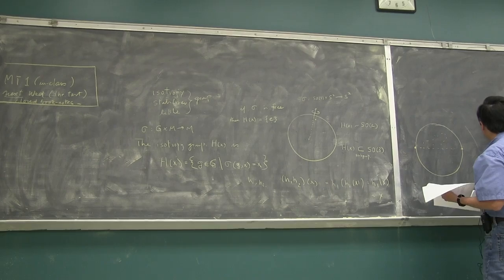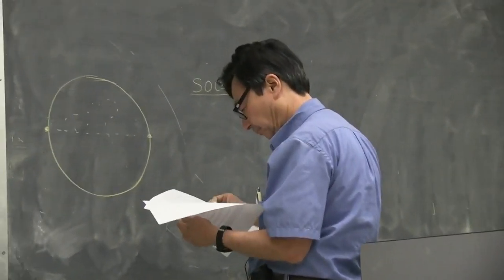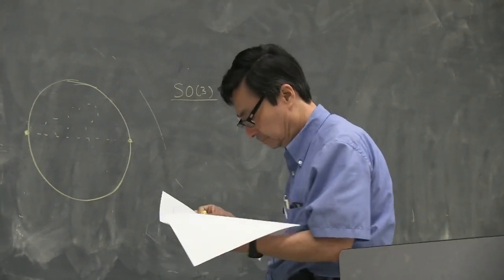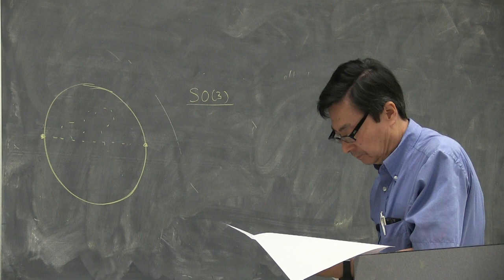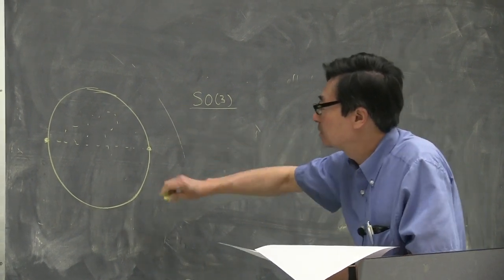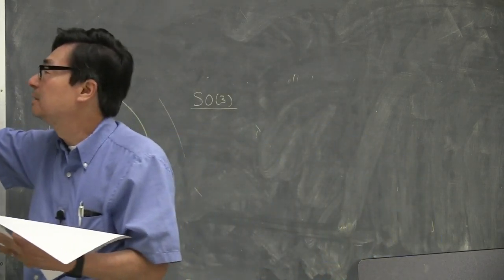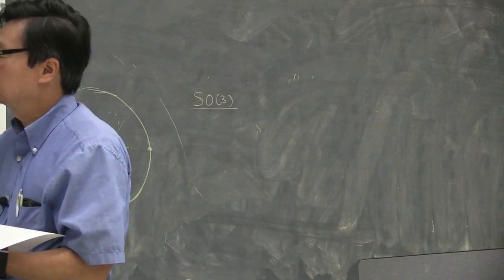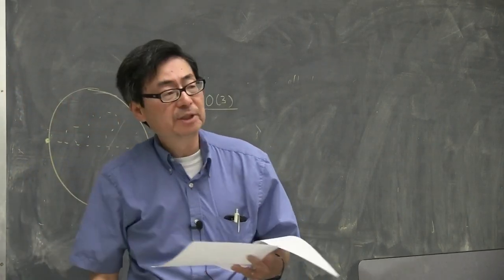Supposing I look at this object. Supposing I look at one such. Oops, going back to this picture. Supposing I look at one such isotropy group. So that isotropy group is a subgroup of SO3.